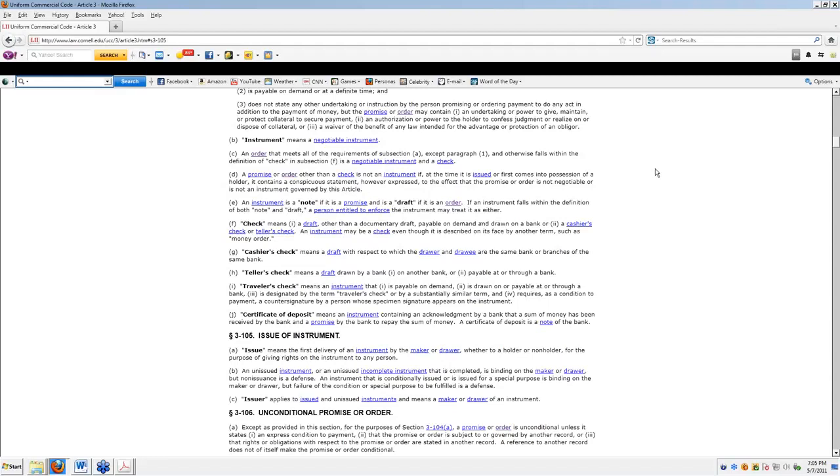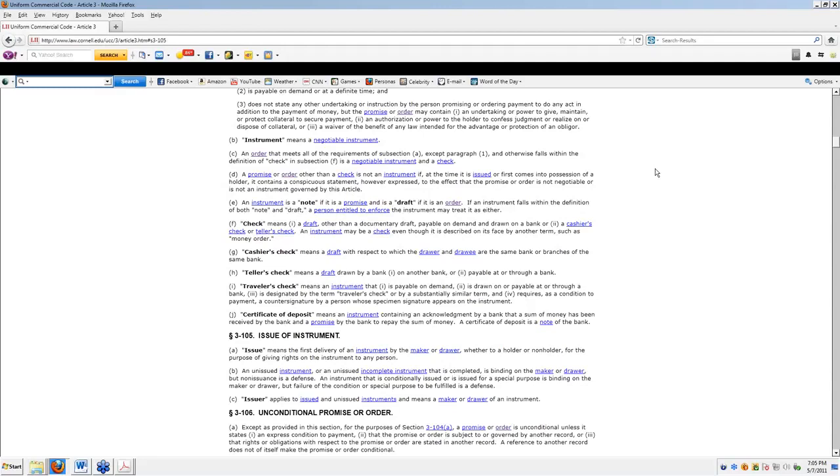Well, a note is a liability instrument because it's a promise to pay money. If they endorse the note on the front or the back, pay to the order of, that's now an order to pay, or a draft. It's no longer a liability instrument.